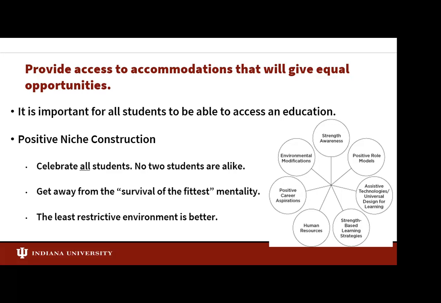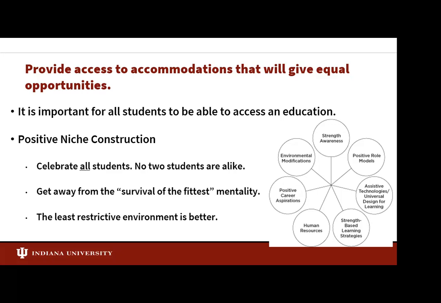The positive niche construction celebrates all students, and we want to make it very clear that no two students are alike. Sometimes in education there seems to be a survival of the fittest mentality, and this idea wants to move away from that horrible construction that society has made.